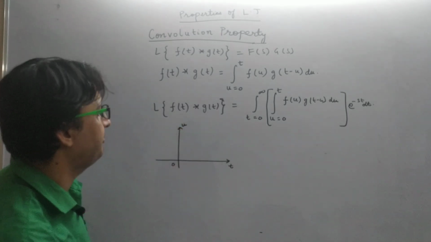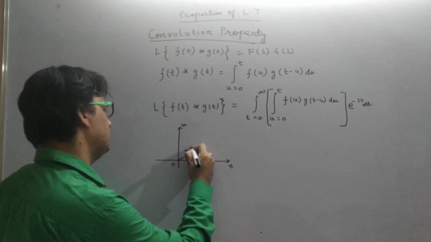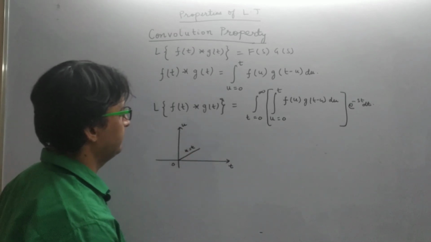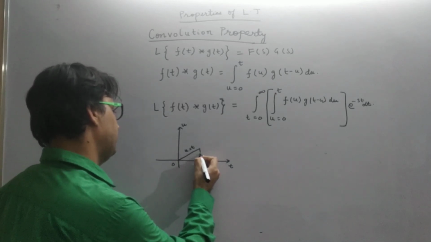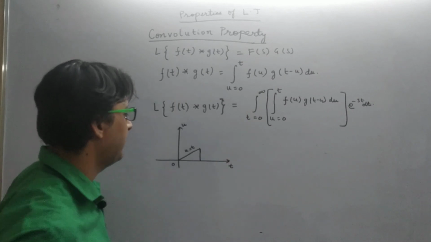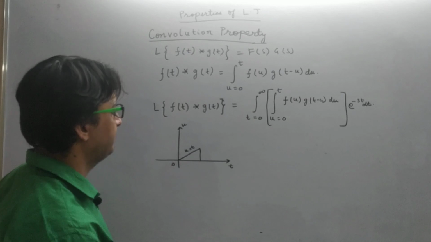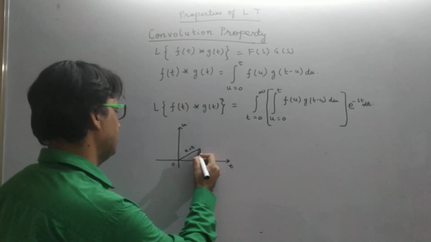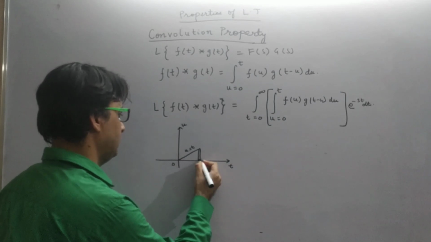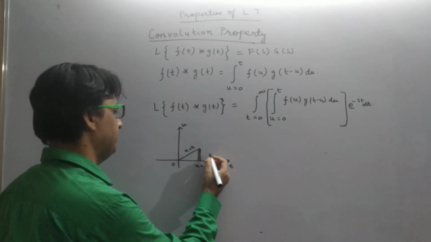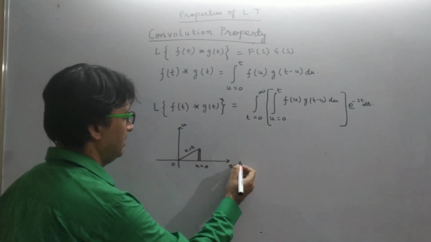So if we plot it like this, this is the line u is equal to t. What is u is equal to 0? This is our domain, so this is the vertical strip and t is 0 to infinity.